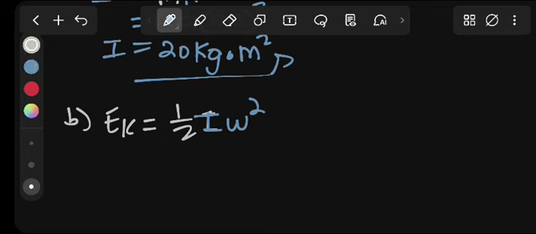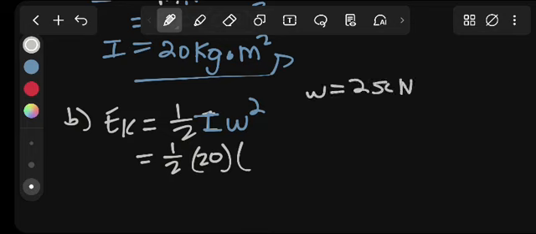So we have this 1/2 the moment of inertia. What is the moment of inertia? It is 20, the one that we've calculated there. Now what about the angular velocity? The angular velocity is given by 2 pi n. Remember our n that we are given, we will have 2 pi. What is n? It was 2.75.